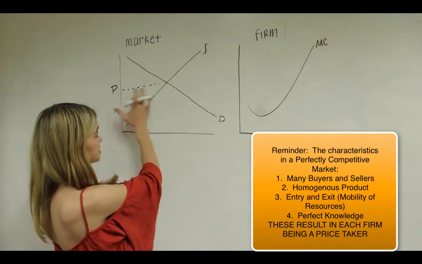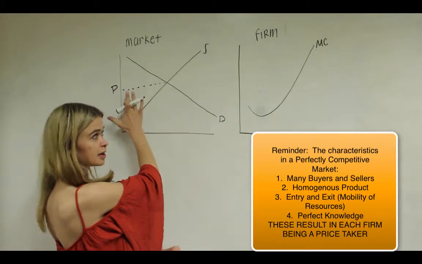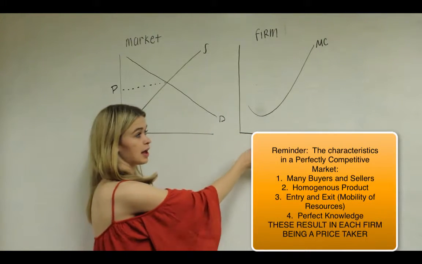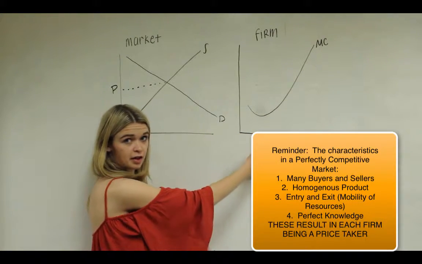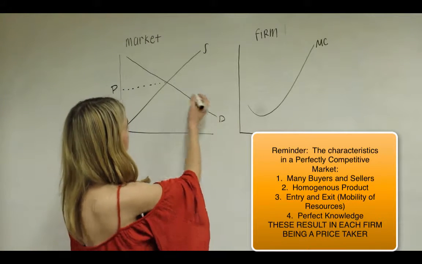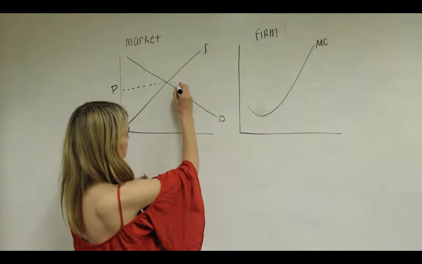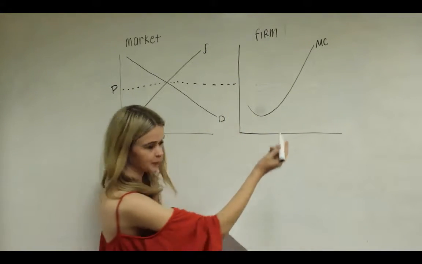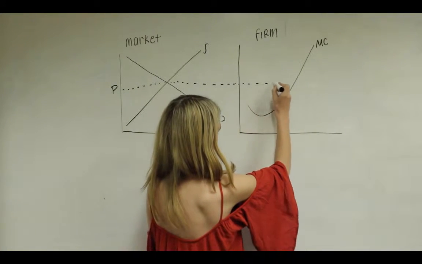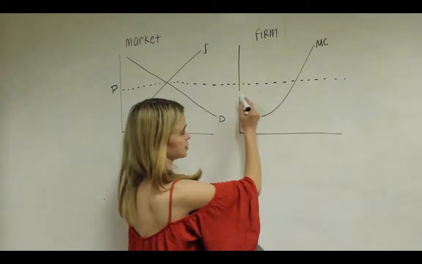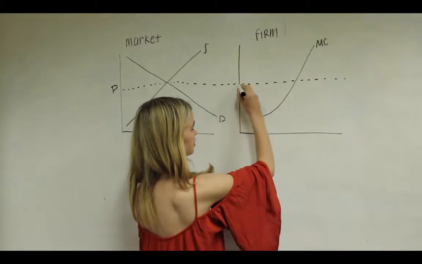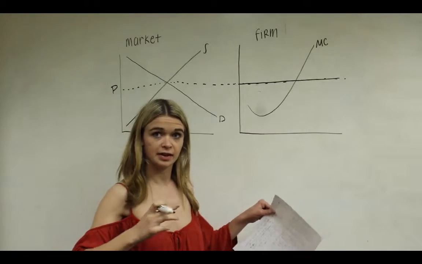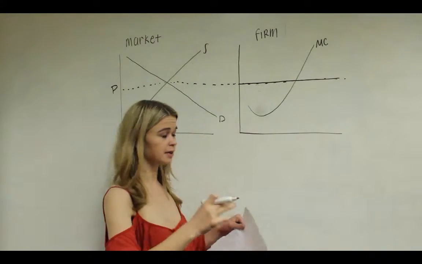So if the market gives an equilibrium price here, then the firm has to take this price when they're calculating their output. So we take this price over here, not exactly a straight line, but you get the point. And right here, this becomes our price line or our marginal revenue line.